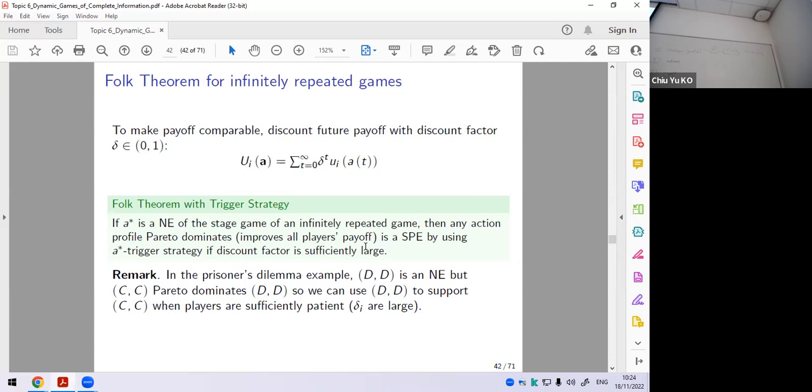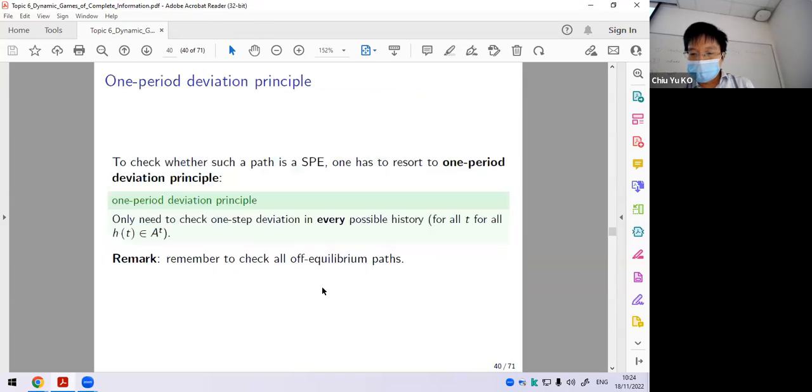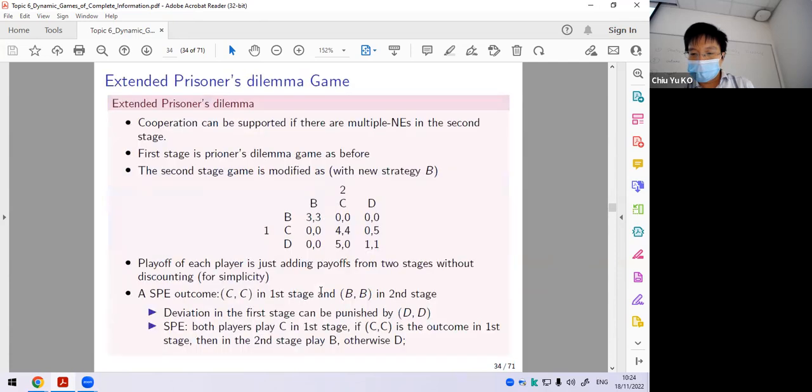So maybe to convince you of what I mean, let me draw this on the whiteboard, in this diagram.